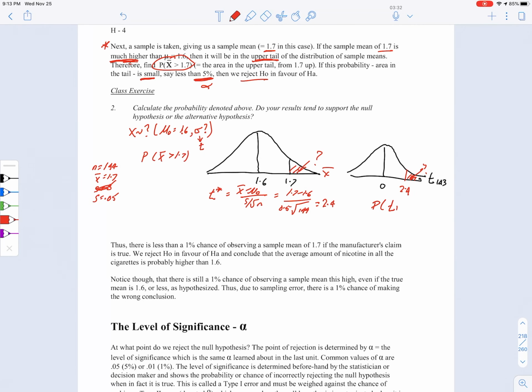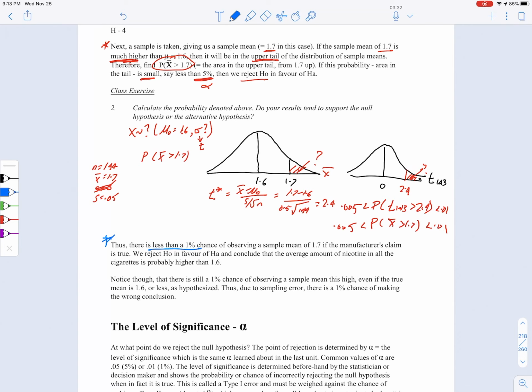So this area in here is something between 0.5% and 1%. And that, of course, is the original probability that we're looking for, the probability of getting an X bar of 1.7. So it's somewhere between 0.005 and 0.01.